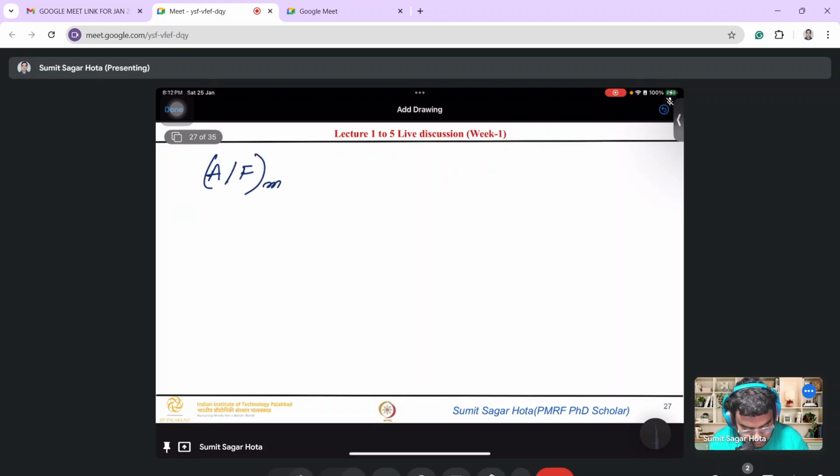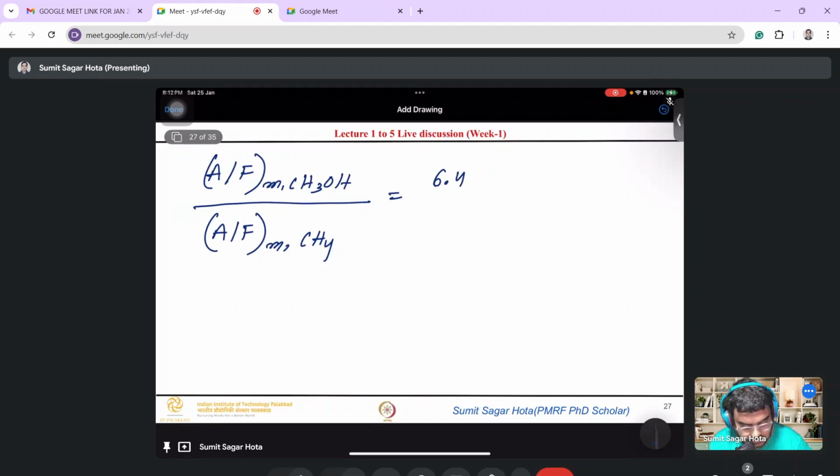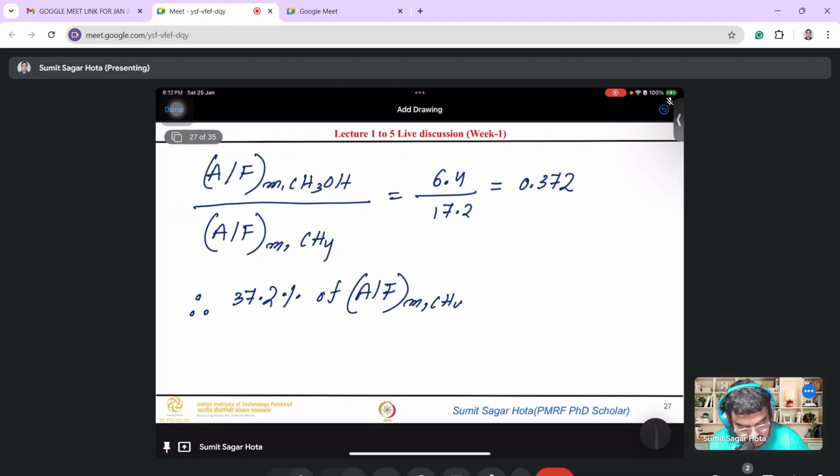For comparison purposes, CH3OH. Therefore, 37.2% of air fuel ratio on mass basis of CH4 is the same as air fuel ratio of CH3OH. So this is the conclusion we can take away.